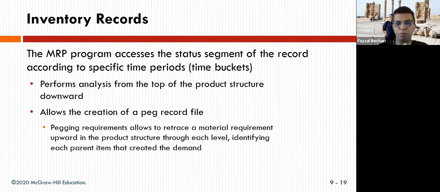So it performs analysis from the top of the product structure downward. Do we have these two C's and two 4Ds? Do we have two L's and two 5M's and all? So it does this process, and then allows a creation of a page of record to see whether these are available or need to be ordered. So we're not going to get into troubles.